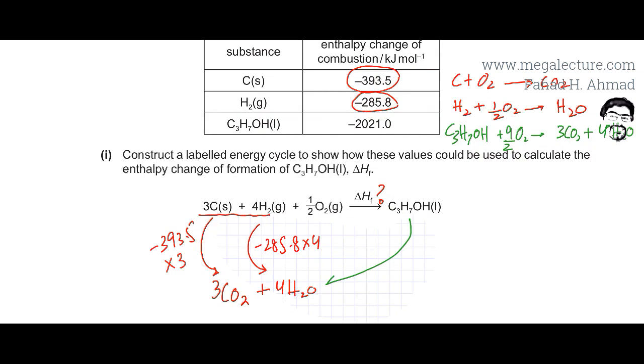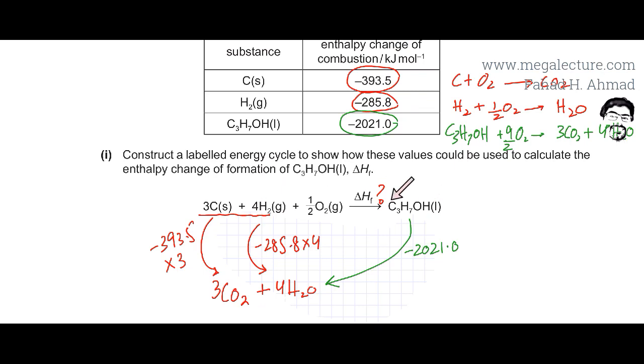Propanol combusts, produces 3 carbon dioxide and 4 water molecules, and the enthalpy change for this reaction is given as minus 2021.0 kilojoules per mole, and I'm going to multiply it by 1 only because we just have 1 propanol in our equation. So the Hess cycle is now complete.